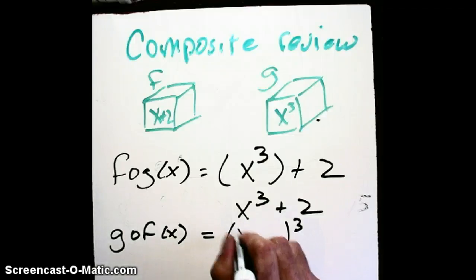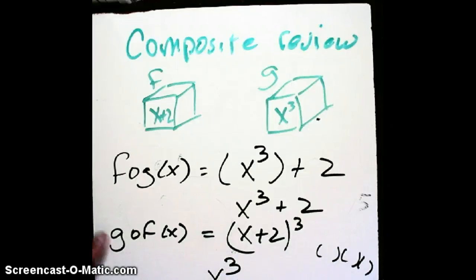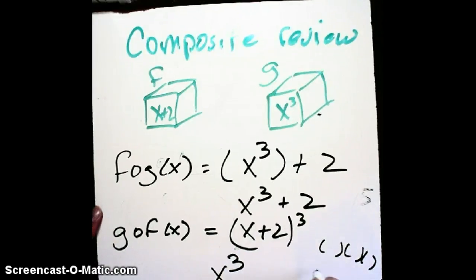I'm going to put X plus 2, cubed, which means you'd have to multiply that out 3 times. I believe the first one would be X cubed. I believe the last one would be 8. And then I believe this would probably be, let's see, 3 times, well, we can multiply it out using the box method. But I'm going to stop right there on that.